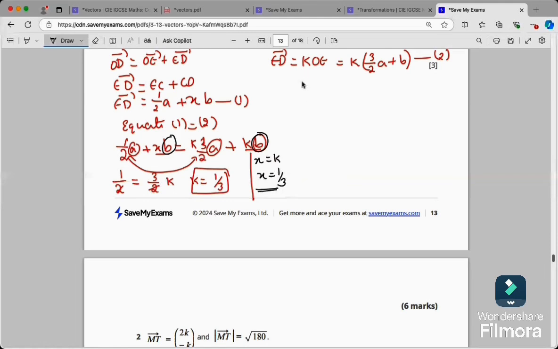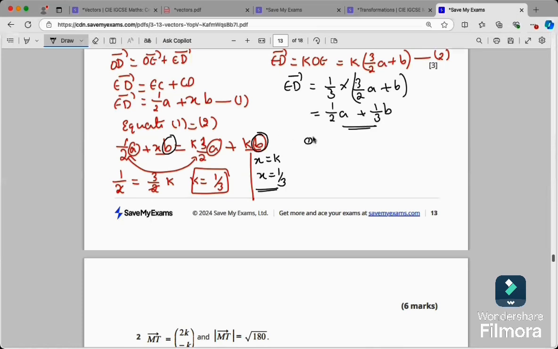Therefore my ED, ultimately I need my ED. ED is equal to 1 by 3 into 3 by 2A plus B, in the bracket. If you simplify them, 3 cancels, so you will get half A plus 1 by 3B.